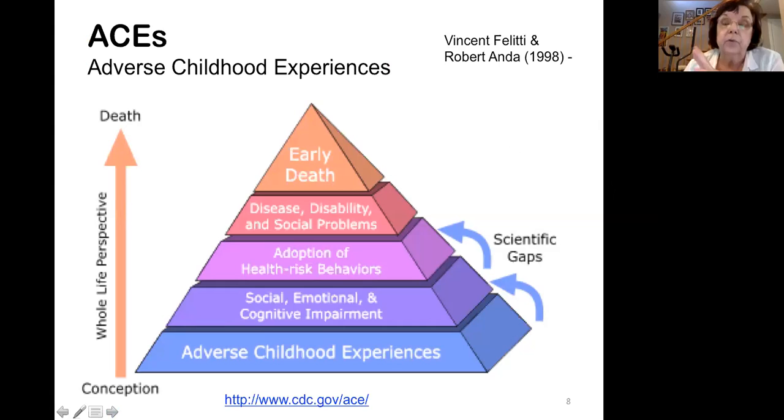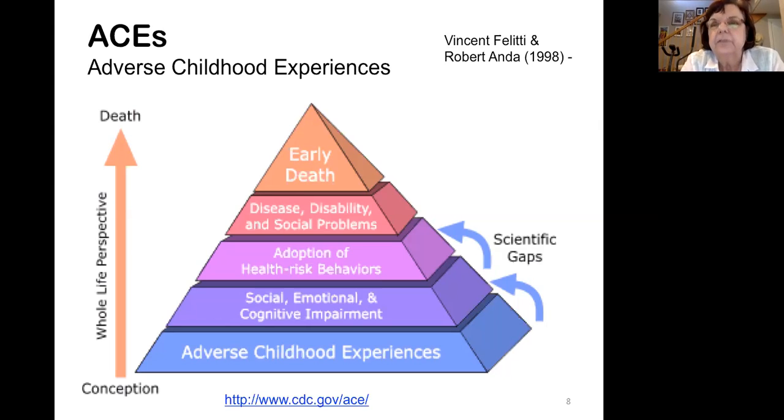I just want to reinforce this because this is one of the big instigators, along with toxic stress, that influenced a number of researchers in 2009 and 2010 to lobby Congress to provide funds for interventions for families that had a likelihood of exposure to these adverse childhood experiences.